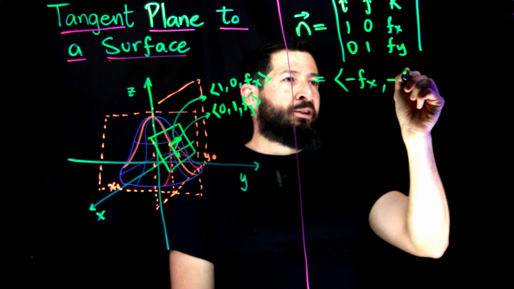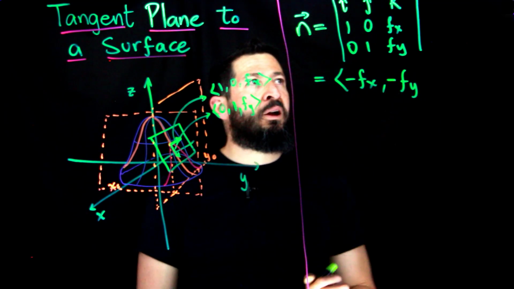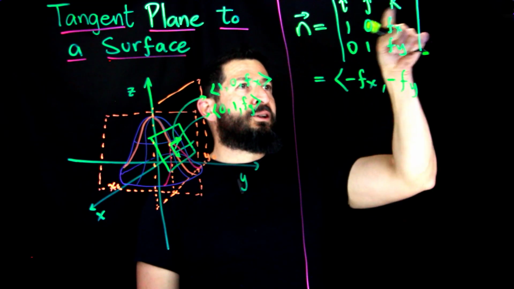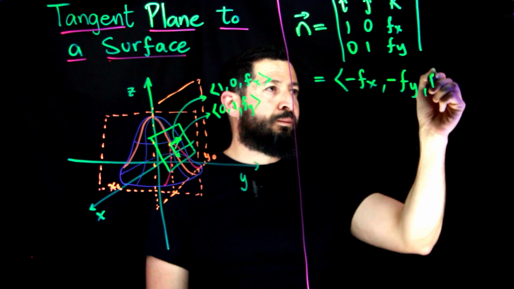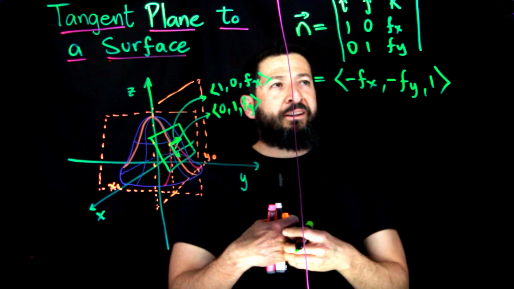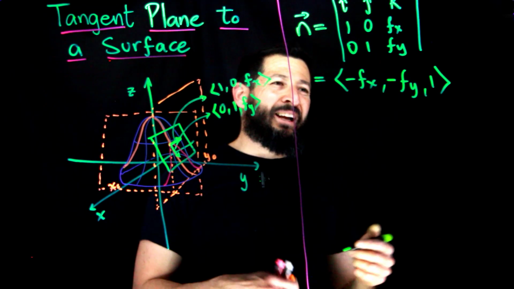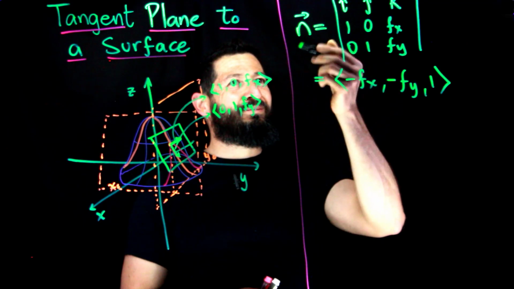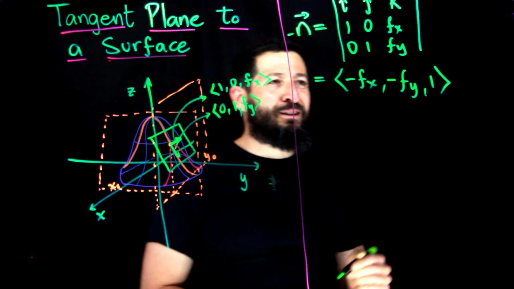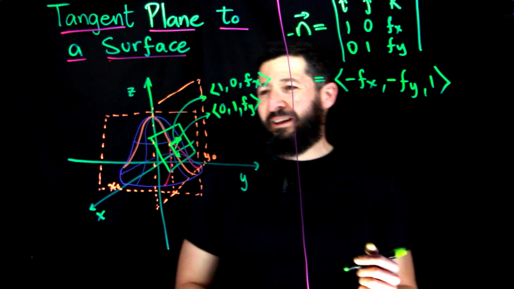But remember, for the j, you get negative fy. And lastly, for k, you get 1. All right, so that is your cross product. I'm going to choose n to be the negative of it, just because it's easier. I don't know, I'm just used to writing it that way.